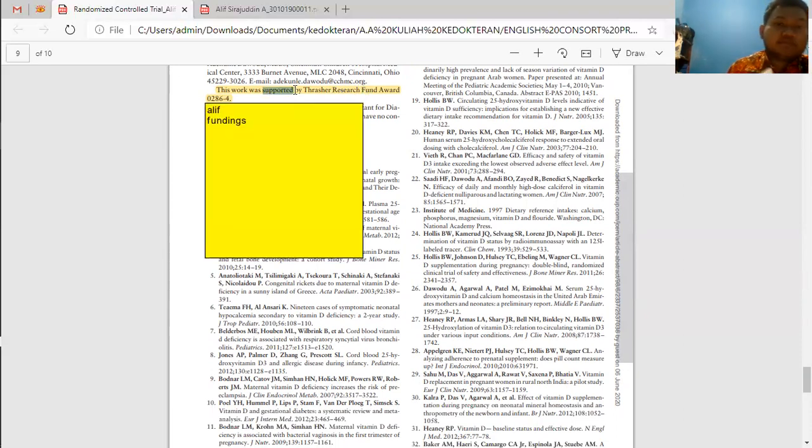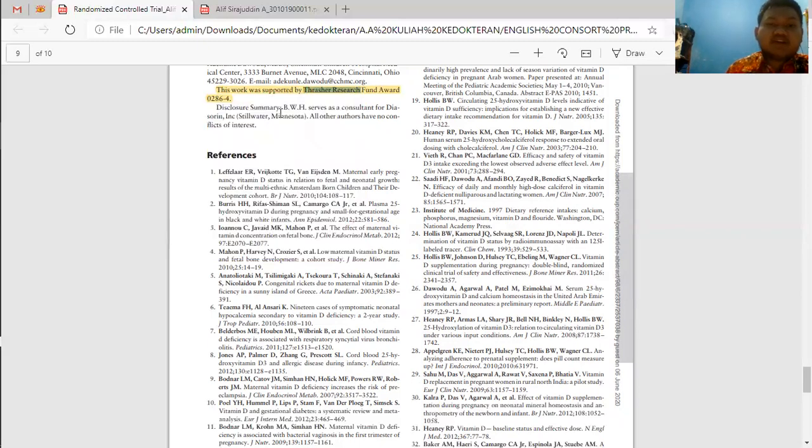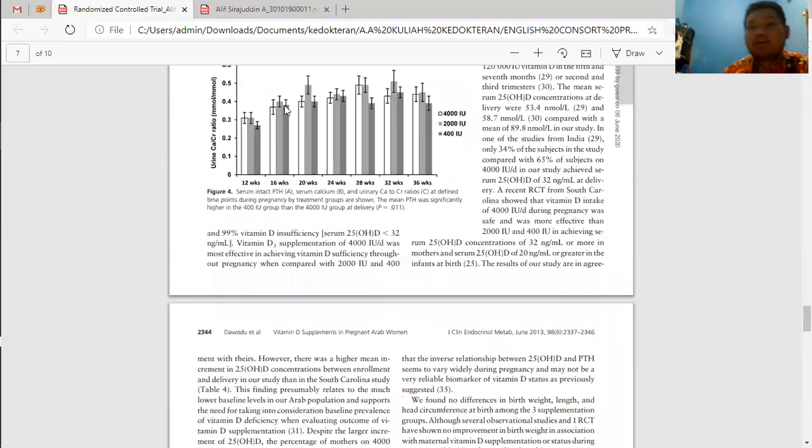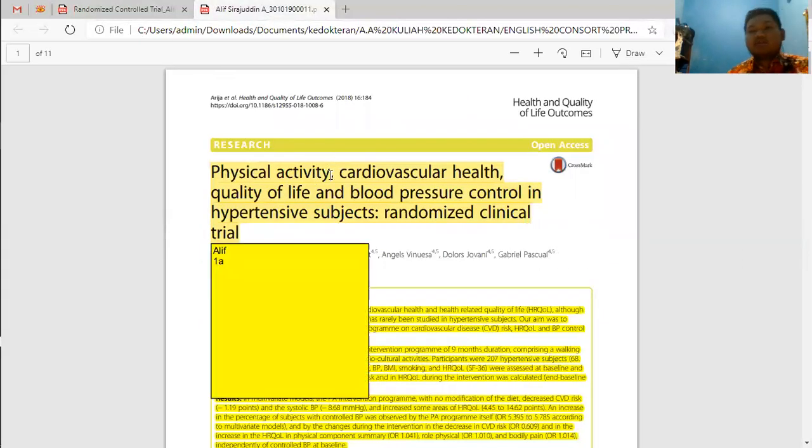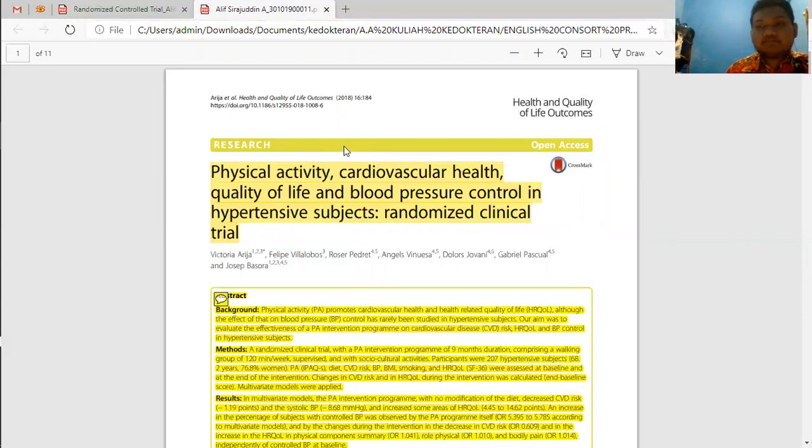Item number 25, funding, is about the source of funding and other support. So this work from the journal is supported by, trace the result. So it's the funding.